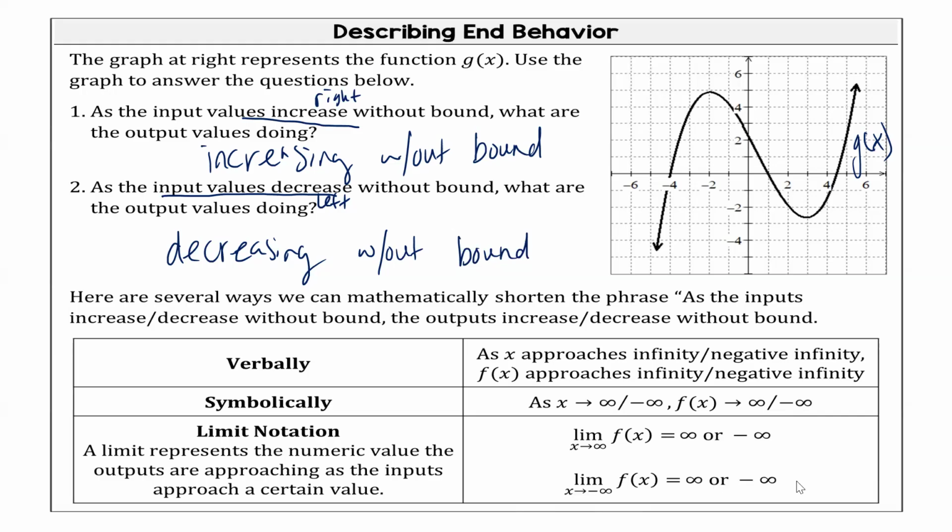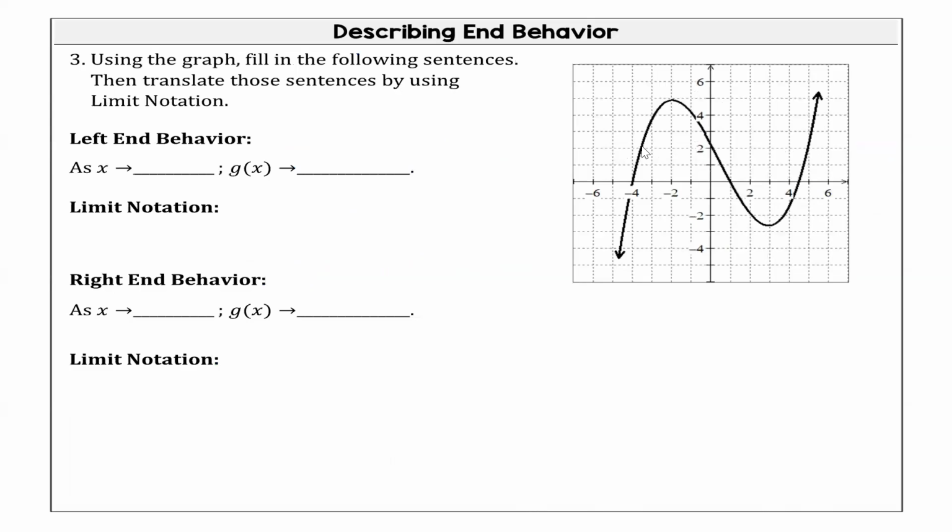Do you remember writing this in Algebra 2? When we were describing end behaviors, we were putting the positive or negative infinities as our limits. You do remember? We did, I promise. So let's fill it in. Our goal is to be able to write it as a left-hand and right-hand limit.